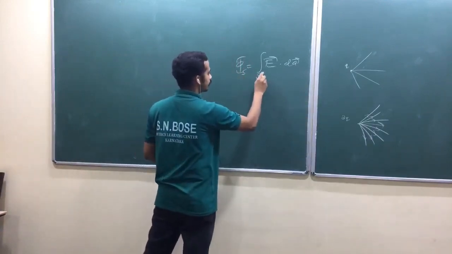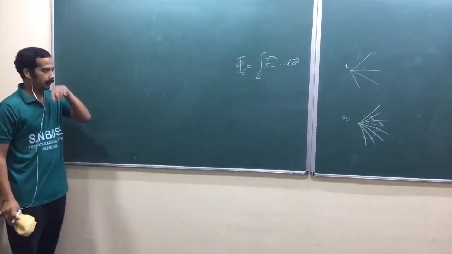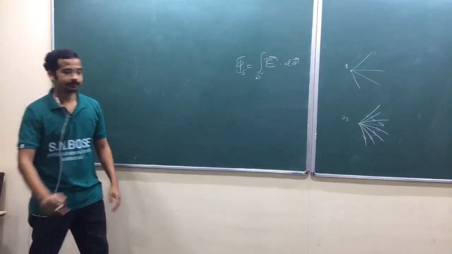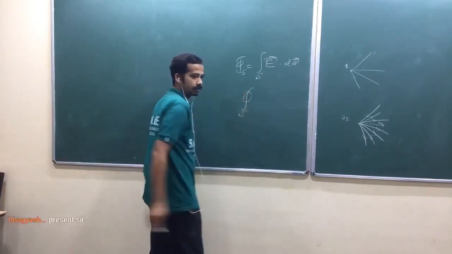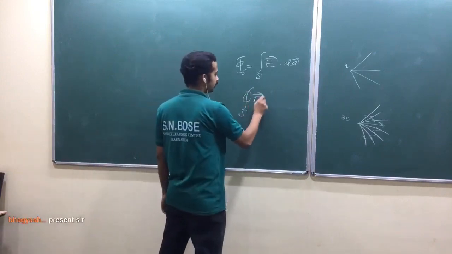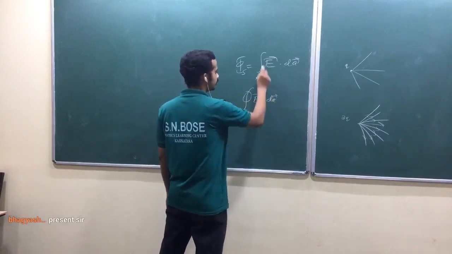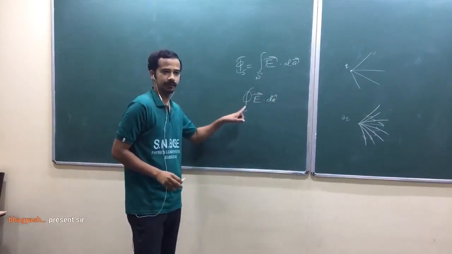You better put S here, capital S. Remember, we are going to use this one. Now, let me take that example. So, E bar dot dA bar. What is the difference between these two? This should be a closed surface. Is that okay?